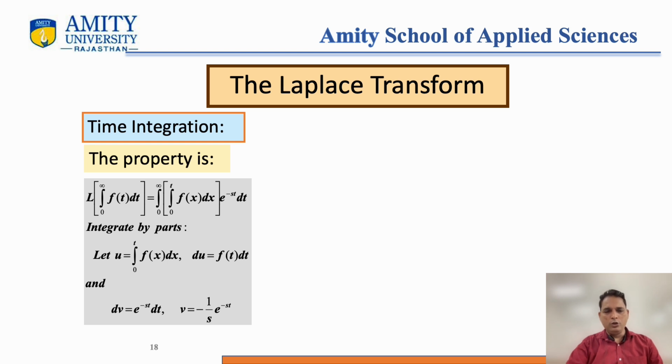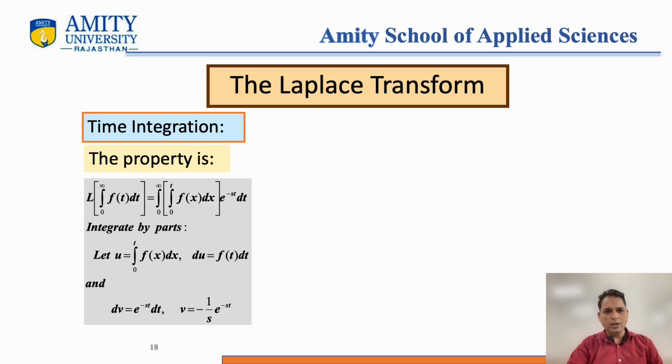Now you know the formula of integration by parts, u into v. Let us consider u equal to the integral from 0 to t of fx dx, and on that basis, differentiating on both sides using the Leibniz theorem, du is equal to ft.